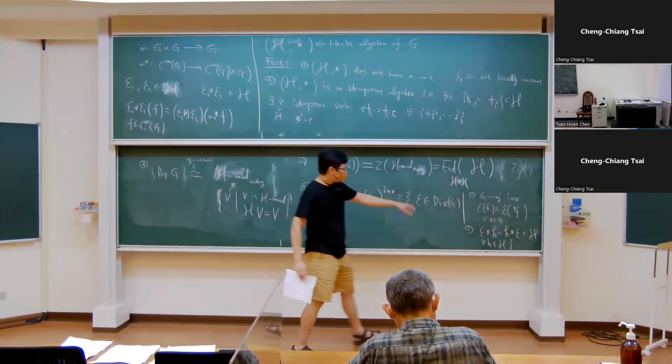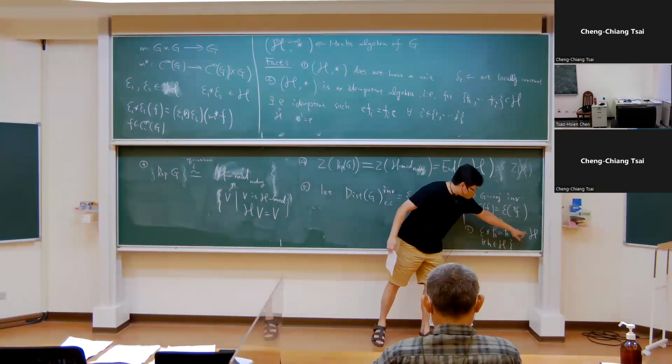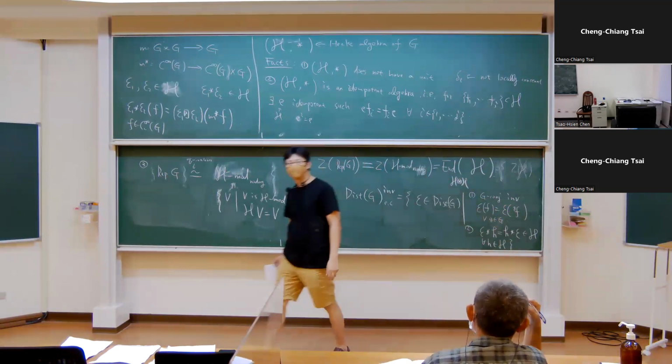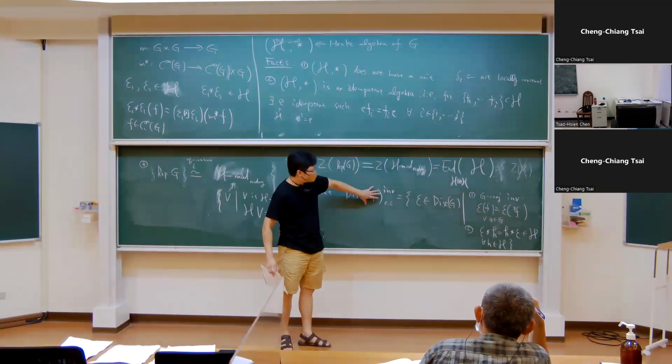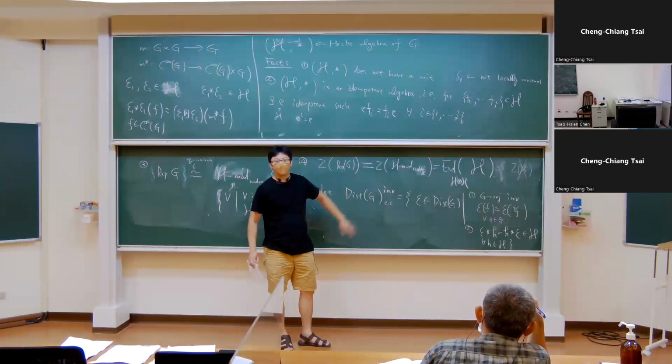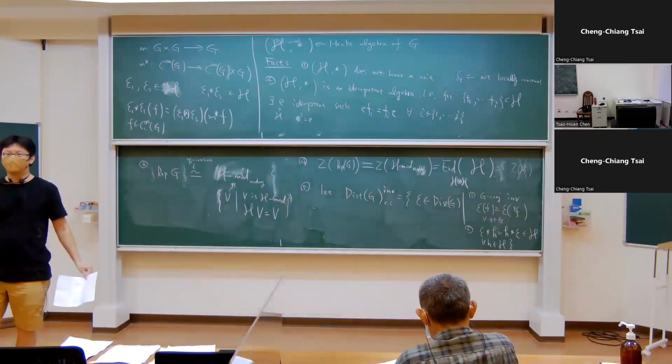And essential compact means that the convolution with a Hecke algebra element, first they commute, and moreover, the result is again compact support. So its element here may not be compact support, but the action it defines somehow preserves the Hecke algebra.